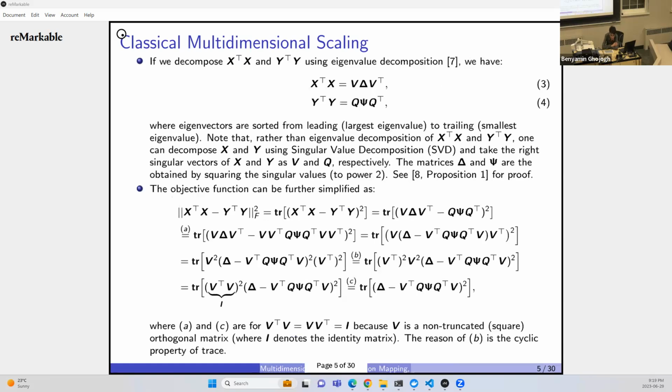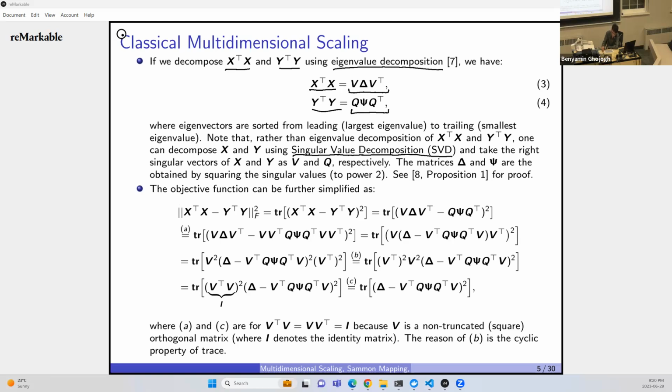Okay, now let's decompose X transpose X and Y transpose Y by their eigenvalue decompositions. This is the eigenvalue decomposition of X transpose X, and this is the eigenvalue decomposition of Y transpose Y, where V and Q are eigenvectors, and delta and psi are the eigenvalues, right? You can also obtain this by singular value decomposition, because SVD and eigenvalue decomposition are related according to the preliminaries.